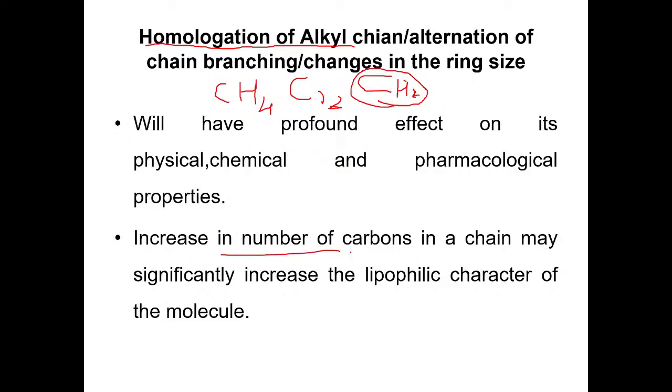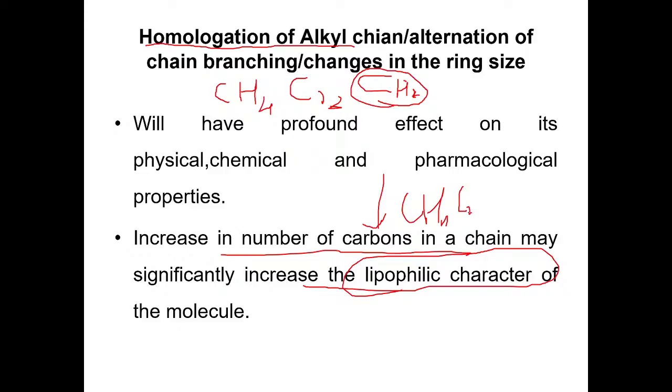An increase in the number of carbons in a chain may significantly increase the lipophilic character, because it decreases the polarity. Methane is highly polar, and ethane has lesser polarity when compared to propane. For example, methanol, CH3OH, is highly polar.